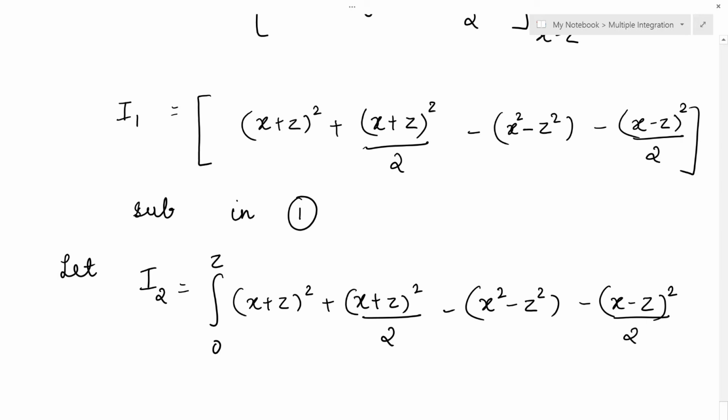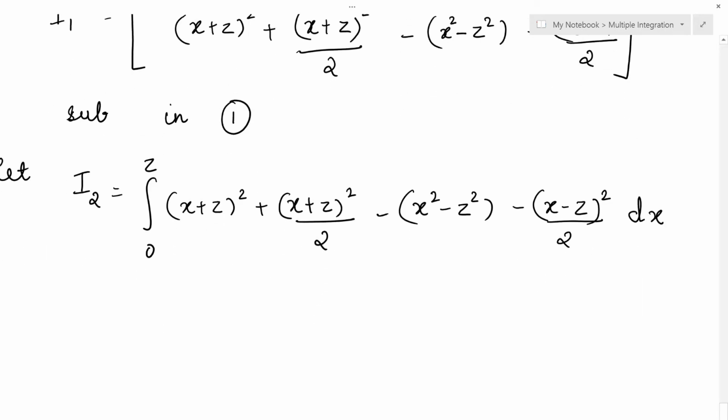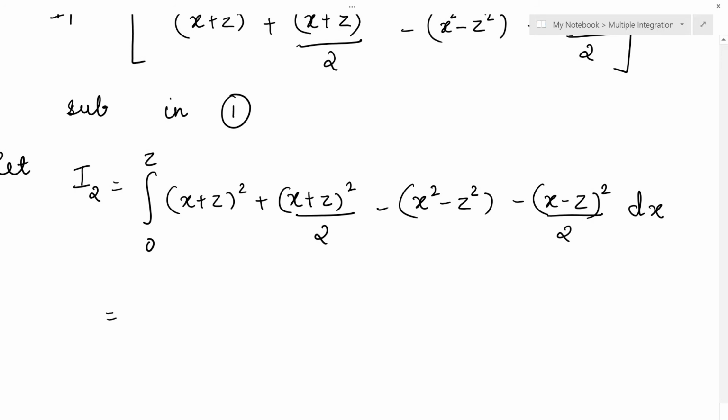Now the limits are 0 to z, and you have to integrate with x. So let me integrate this. That will be x plus z the whole cube upon 3, minus x plus z the whole cube upon 6.